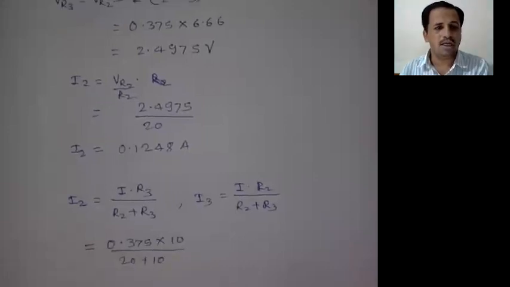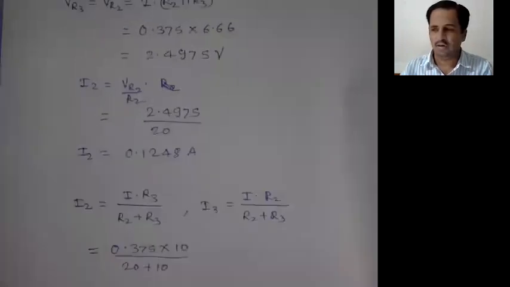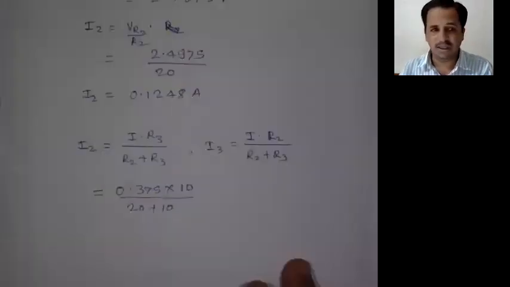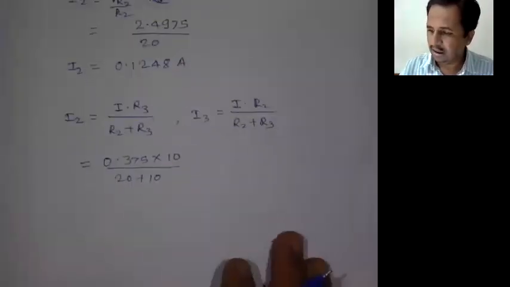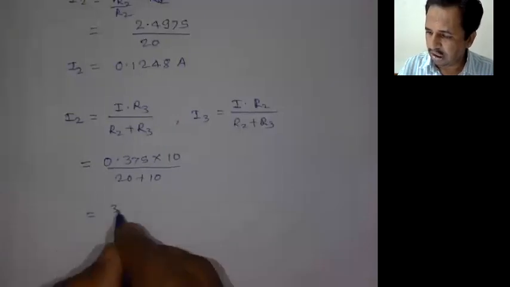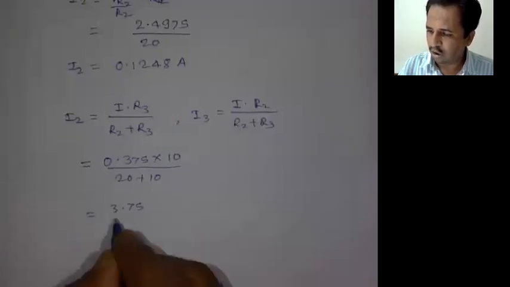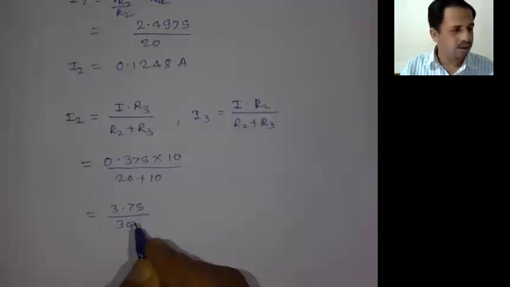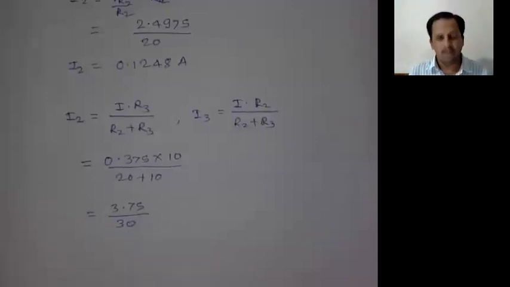Now we have to simplify this, that is 3.75 upon 30. I also solve that with a small calculator: 3.75 divided by 30.